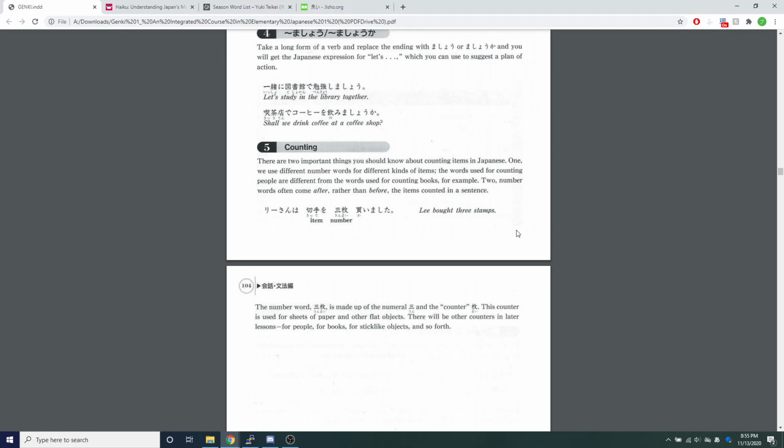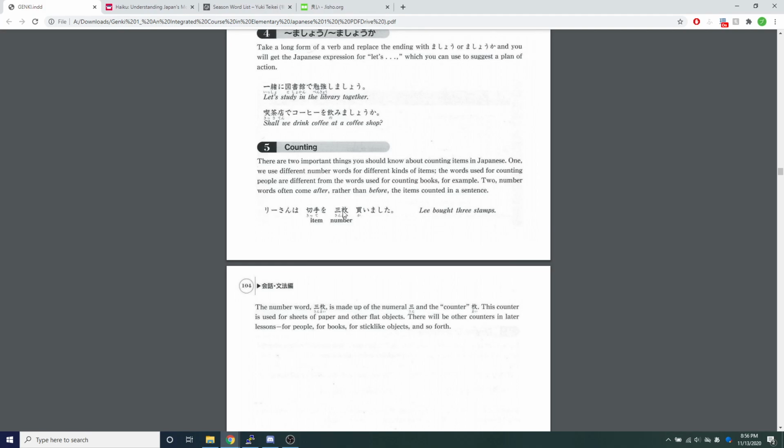The example here is リーさんは切手を3枚買いました. Right? That means Lee-san bought 3 stamps. So if you look at this sentence here, Lee-san wa. So Lee is the subject. Sorry, Lee is the topic, rather. Kitte being stamps. O 3枚 kaimashita.